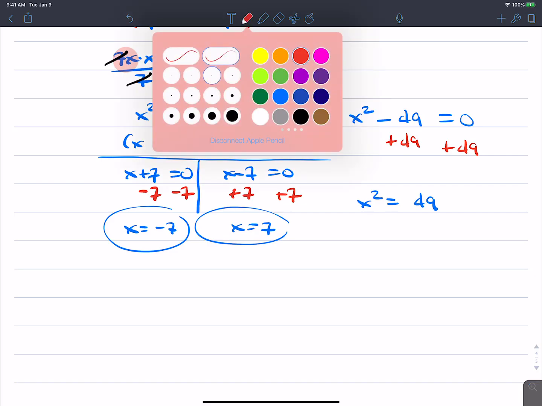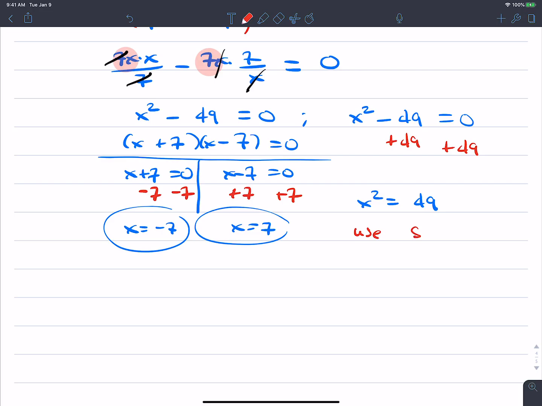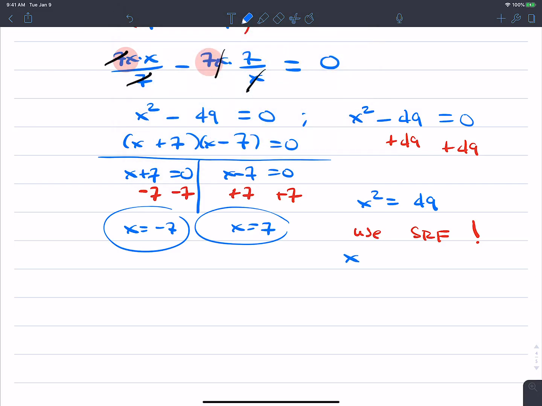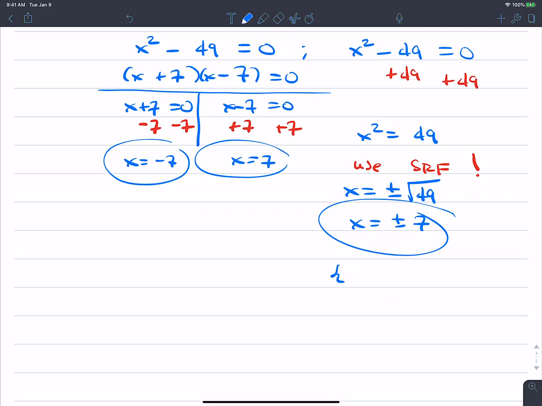So at this point, we can use the square root formula. So x will be plus or minus square root of 49, or we say x is plus or minus 7. So you have two solutions, positive 7 and negative 7.